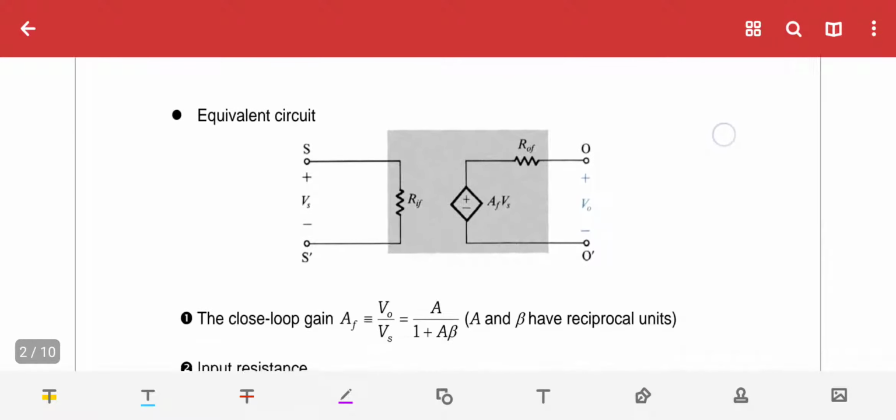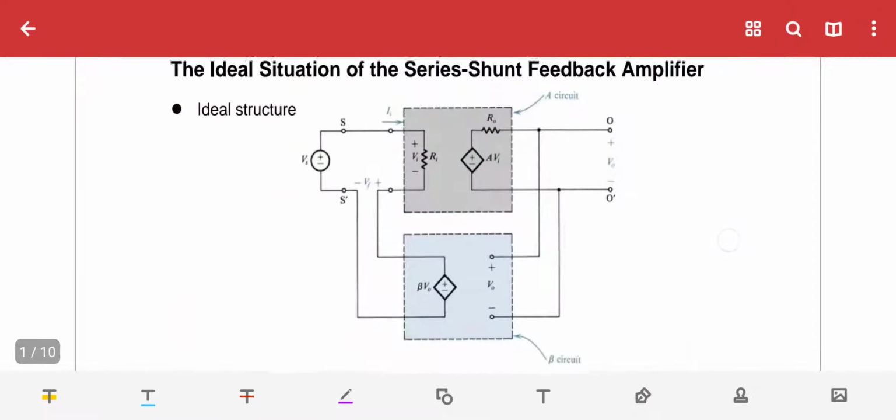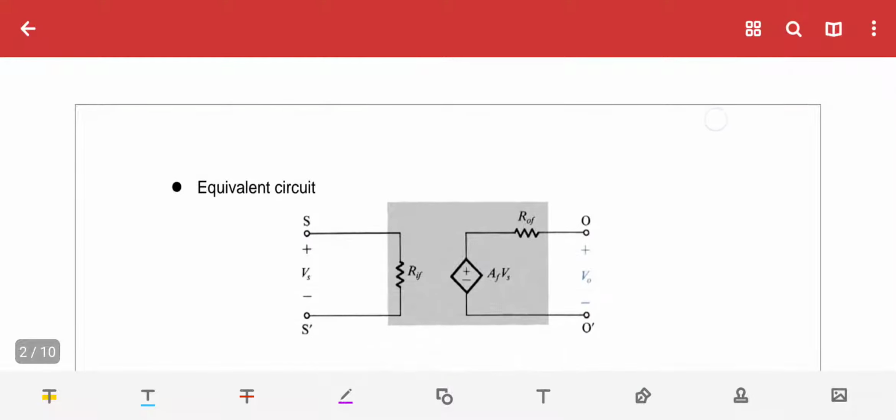So this is the equivalent circuit of a series shunt feedback amplifier.